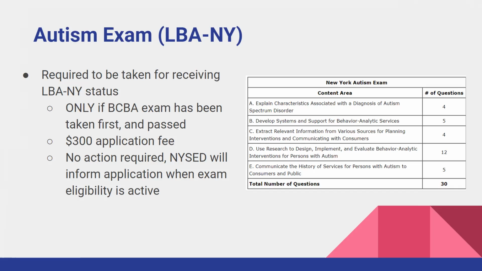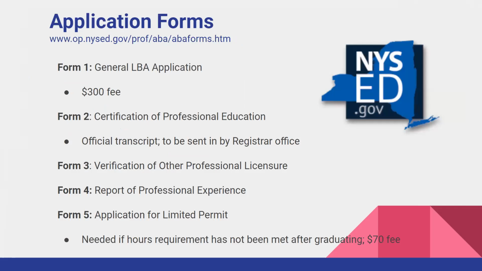But again, it was pretty easy, I have to say. If you have been working with kids for quite some time and you do well on the BCBA exam, this autism exam should not be anything challenging for you. I would not worry about it. The BCBA exam is the biggie.